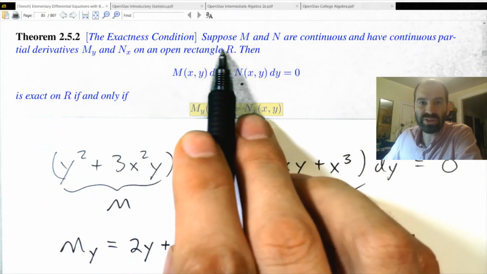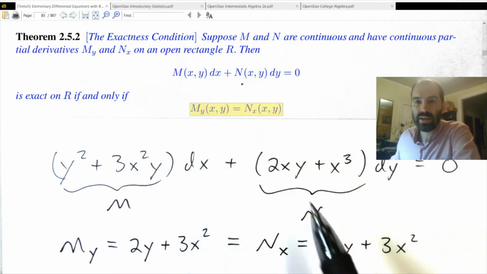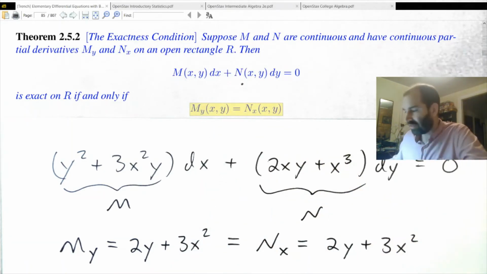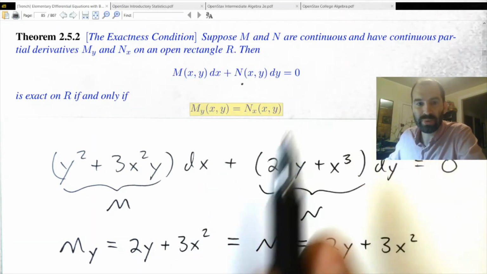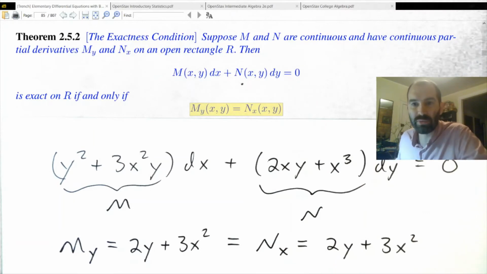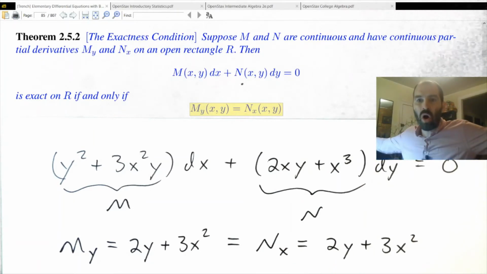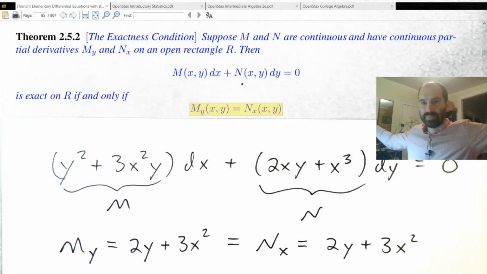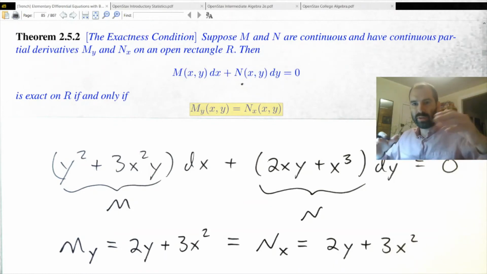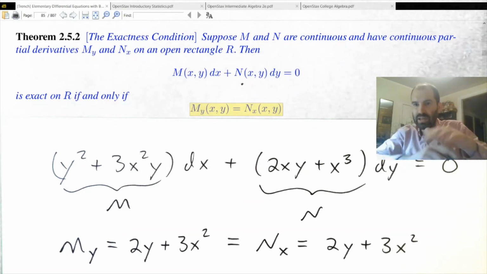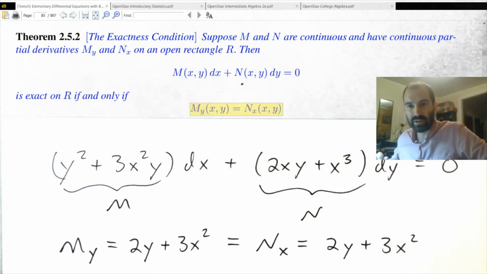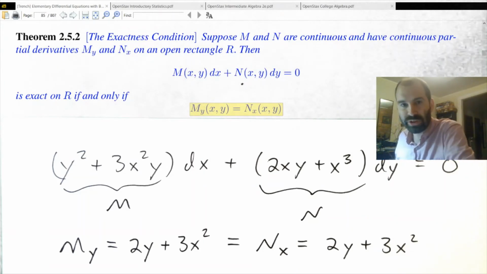Okay. Now what's the open rectangle? Well, we can use any rectangle that we want as long as these functions are continuous on it. But these functions are polynomials, they're continuous everywhere. So we can just take that rectangle to be x from negative infinity to infinity and y from negative infinity to infinity. So no worries there.